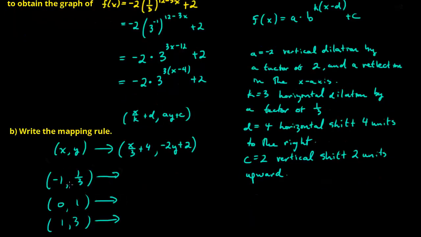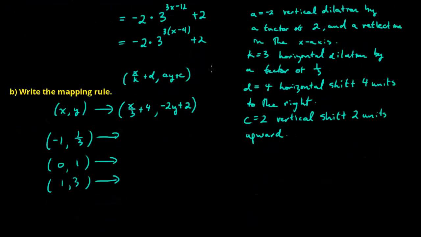Let's go ahead and do that for the coordinates of the base function, y = 3^x. The key points on y = 3^x are (-1, 1/3), (0, 1), and (1, 3). If I plug in x into this equation, -1 over 3 plus 4 should give me 11/3. And 1/3 times -2 plus 2 is 4/3. Then 0 divided by 3 plus 4 is just 4, and 1 times -2 plus 2 is 0.